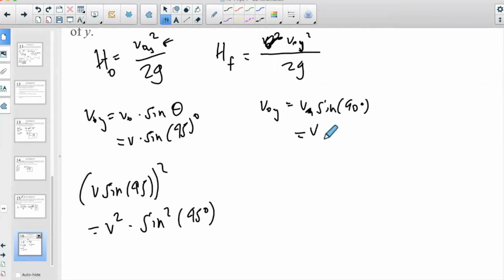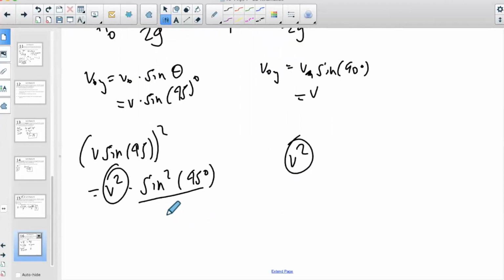In this case, it's just equal to v squared. So what is sine squared of 45? This is the only thing that's making them different. So we can simply put that into your calculator, since you're allowed to have calculators on the AP exam. Solve that and you get 1/2 v squared.